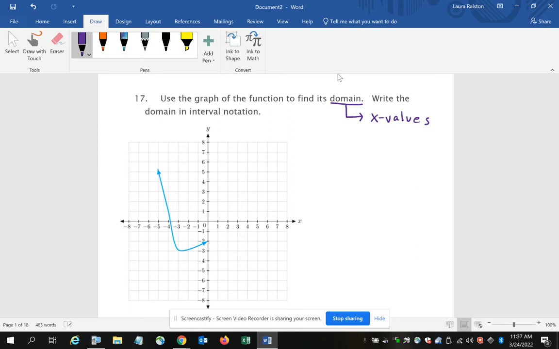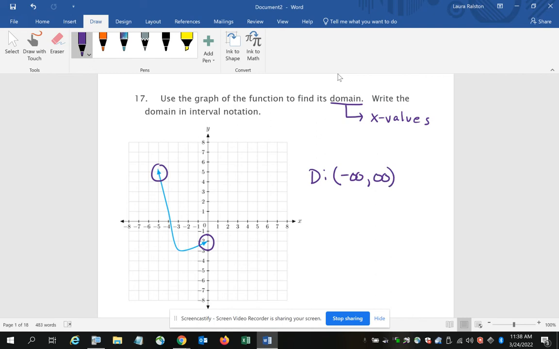You also have to pay attention to your graph and realize that arrows imply that the graph continues on forever and ever in the direction that the arrow is pointed. In this case, it appears it's going to continue on and on to the left as well as the right. So the domain is going to be all real numbers from negative infinity to positive infinity.